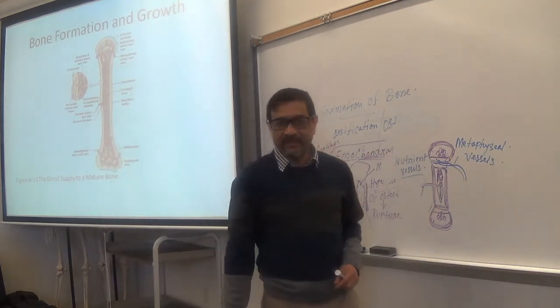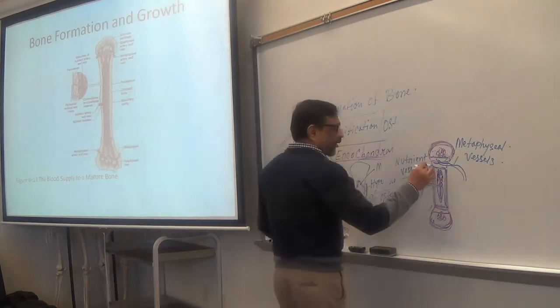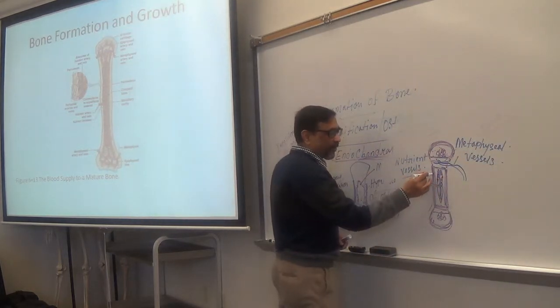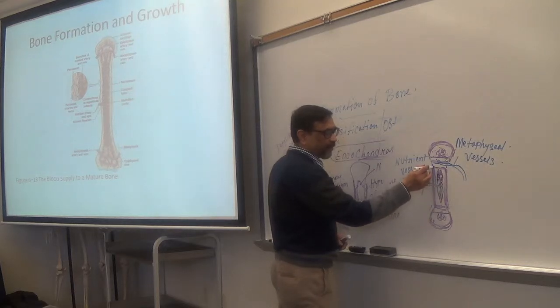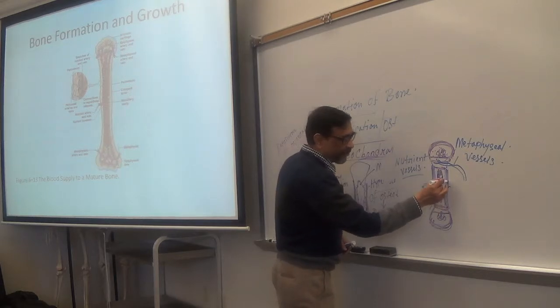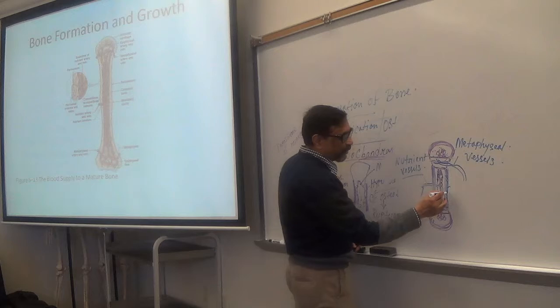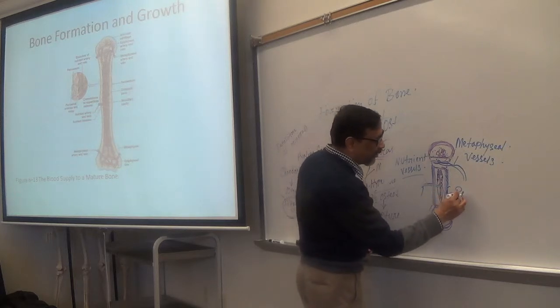Okay, another set. And number three, the covering of the bone is called periosteum. You remember, periosteum. And in the periosteum, you have another set of blood vessels. Not really in the bone, but in the covering of the bone here. So that is called periosteal blood vessels.